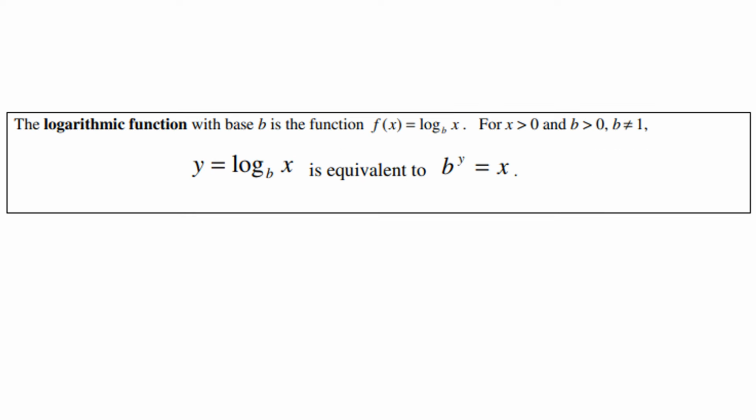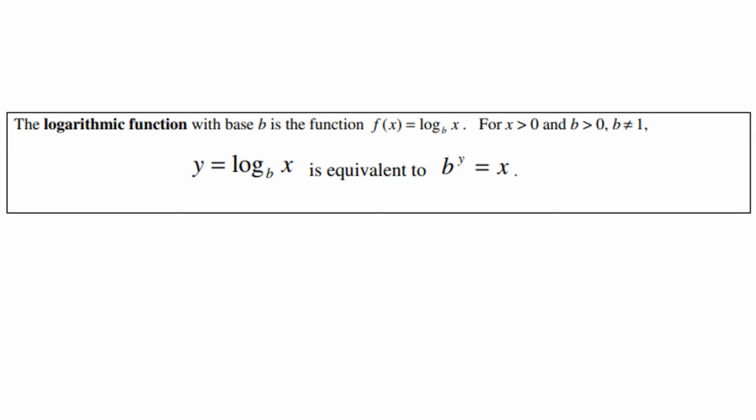All right, guys. We're going to use this definition for logarithmic functions. And we're going to make sure that we get it together. But before we continue, let's review to understand what it means.